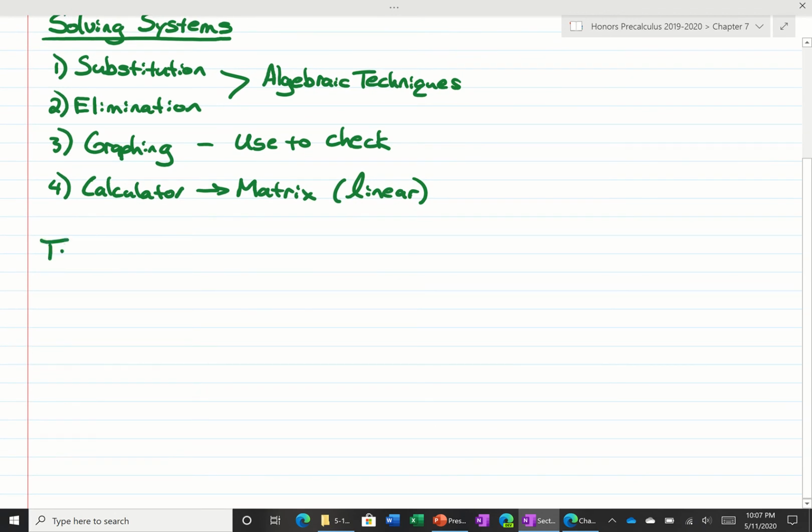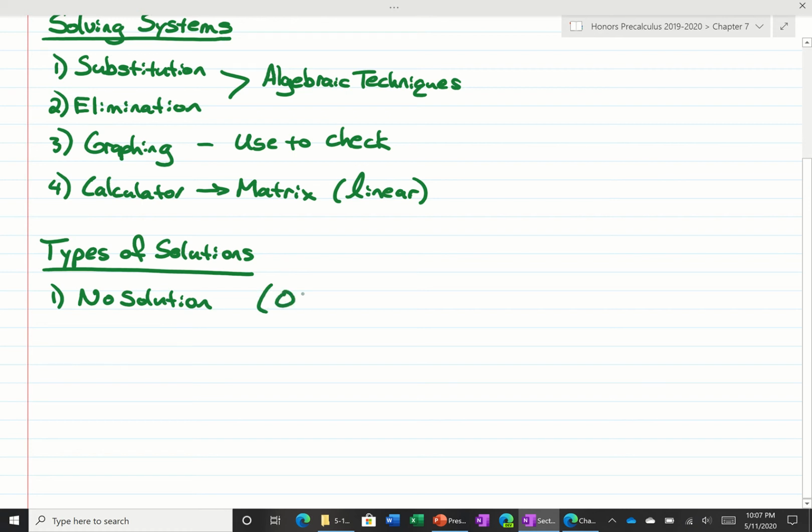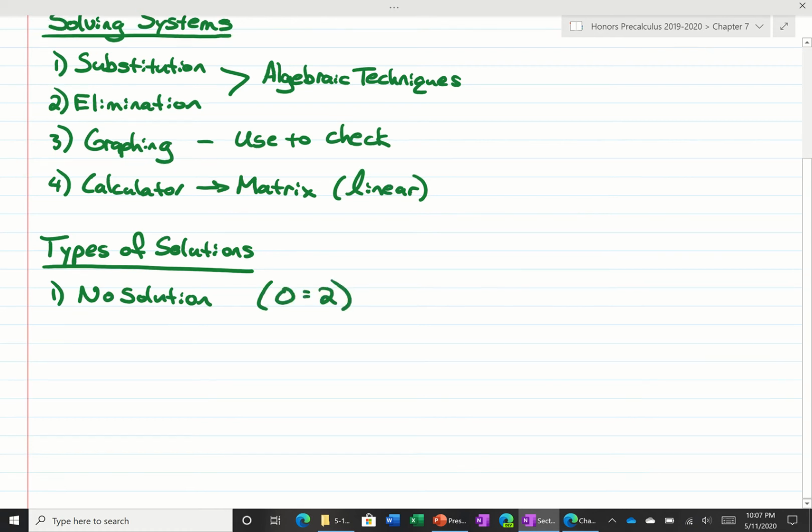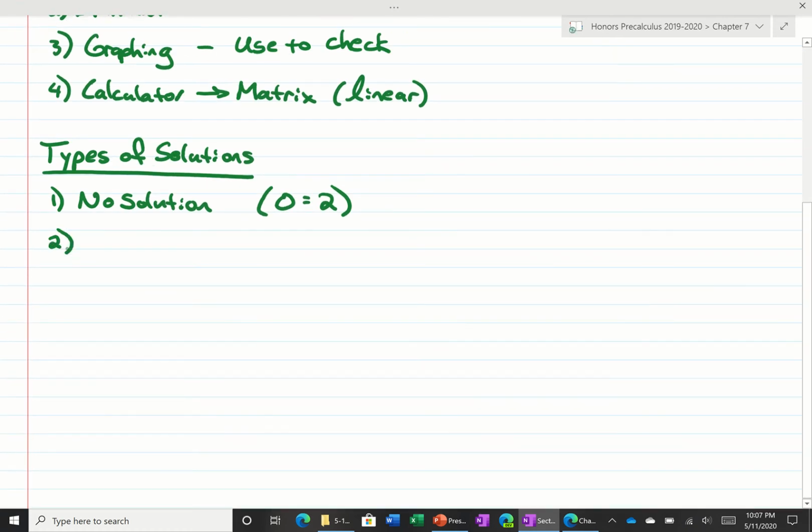Now we have different types of solutions. We have actually three types. One type is no solution. And we'll see this using algebraic techniques if you get an answer where it's like 0 is equal to 2. You could also have a solution where it's a finite number.